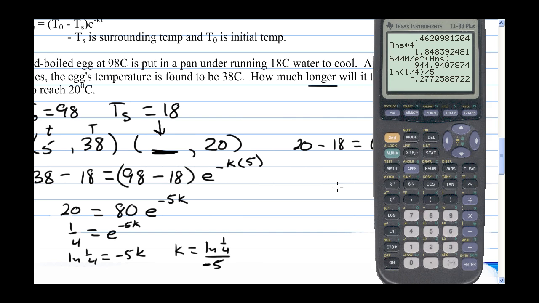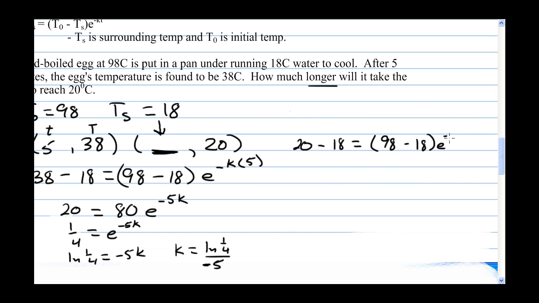The value is approximately negative 0.277, and we're trying to find the time that it takes to reach 20 degrees. So we have 2 equals 80 e to the negative 0.277 t.